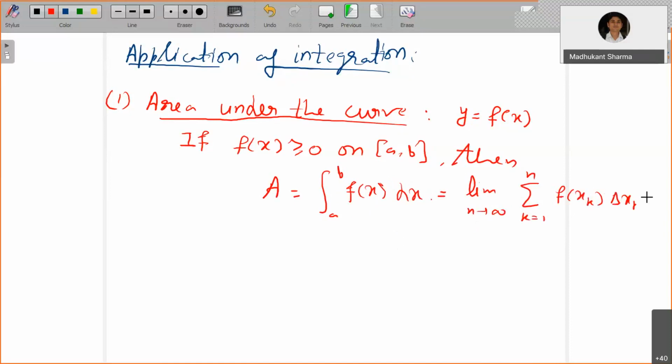If you recall, this was the Riemann sum in the limiting sense, where x_k is the left-hand point or right-hand point of the interval. We are assuming that f is Riemann integrable.